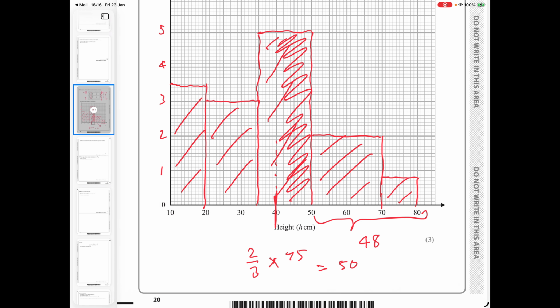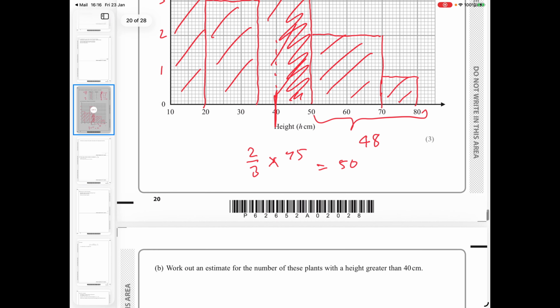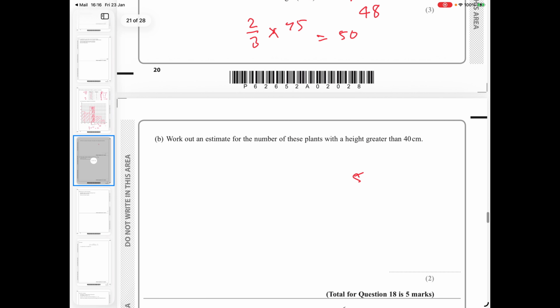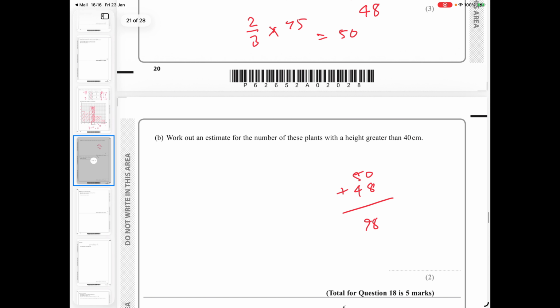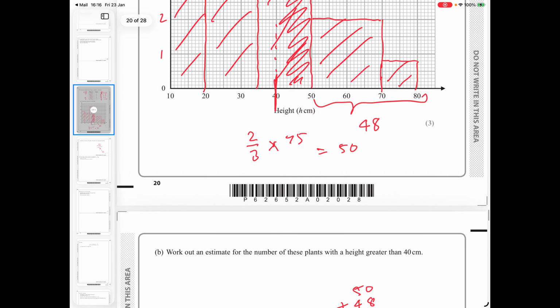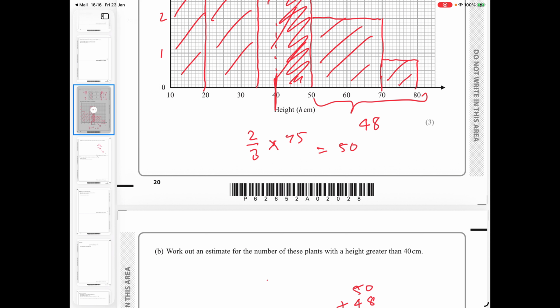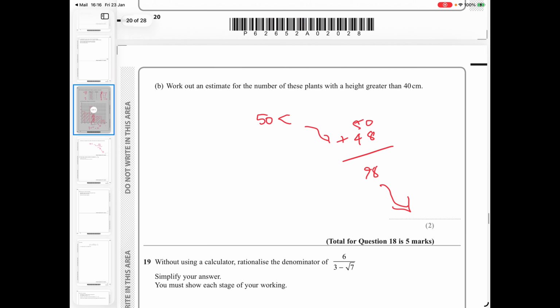It's an estimate, but 50 plus 48 equals 98. I don't love the way I've set that out. So you say greater than 50 equals 48, and then 2/3 of 75, which is the 35 to 50 region.